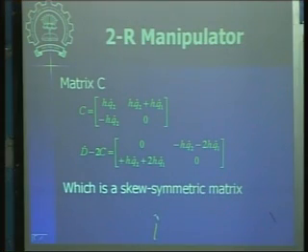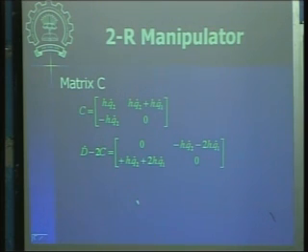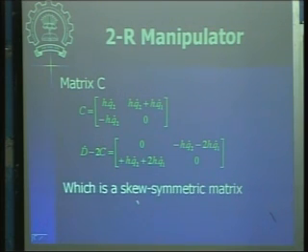So you take the matrix C, multiply on this side by q dot transpose, and on this side by q dot.